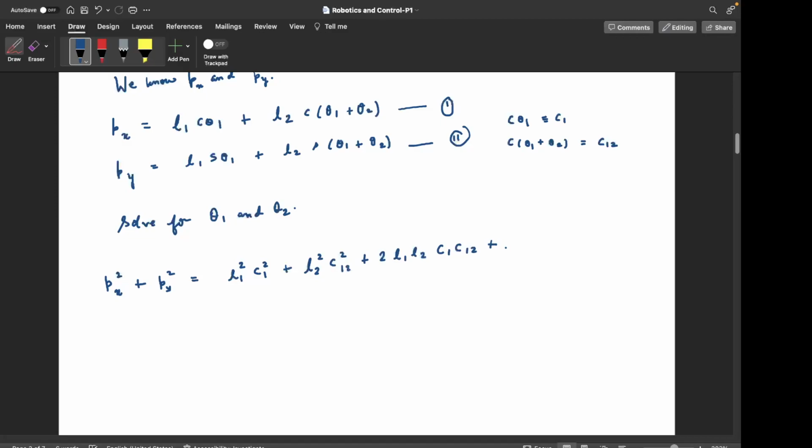So py square is L1 square s1 square plus L2 square s12 square plus 2 L1 L2 s1 s12, right?